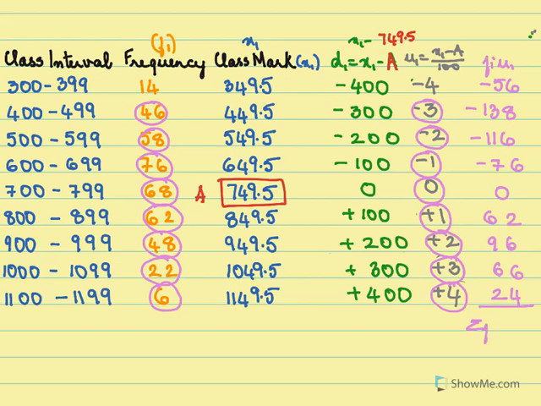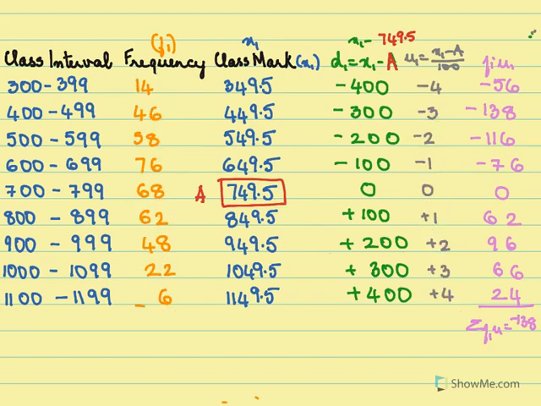Then we do summation Fi Ui, which is equal to minus 138, and we do the summation Fi, sum of all the frequencies, which is equal to 400. These two values are important, 400 and minus 138.